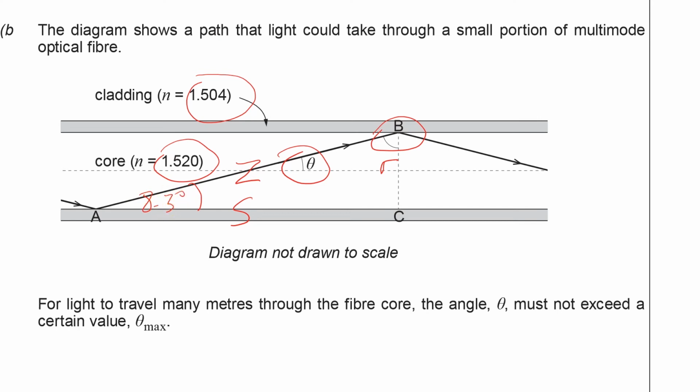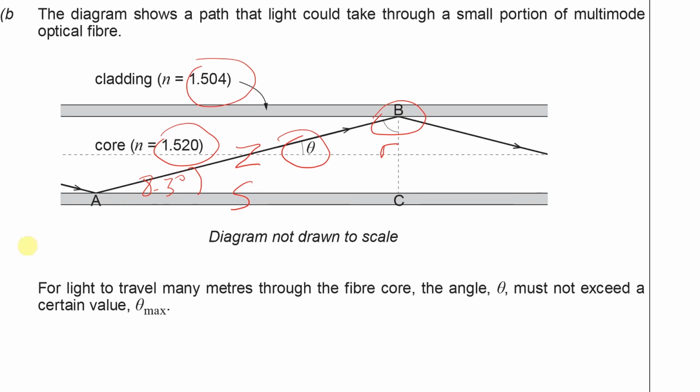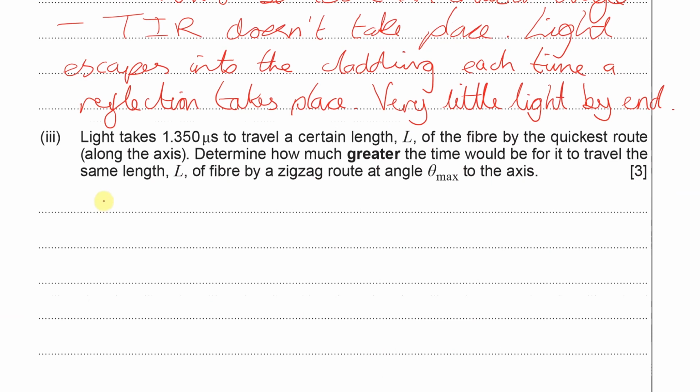The two sides we have are the adjacent and the hypotenuse, so we can write that cos of 8.3 is S over Z. And that means that the zigzag path is the straight path divided by cos of 8.3.